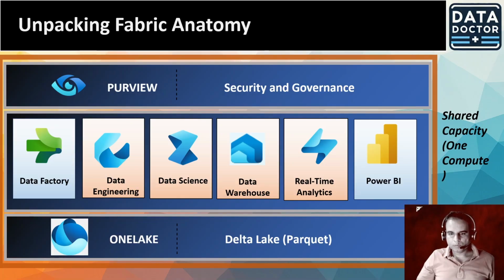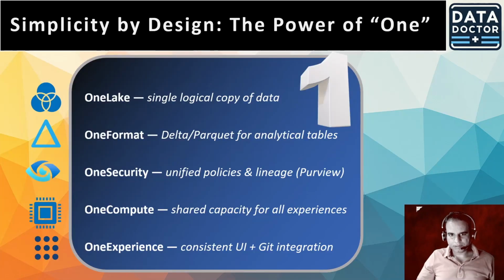We understand the building blocks of Fabric now. And another key attribute is the simplicity of Fabric. Let's see how the simplicity is achieved in Fabric, and this we call the power of one. So we have OneLake in Fabric, and this OneLake means a single logical copy of data, and everyone uses the same data set.